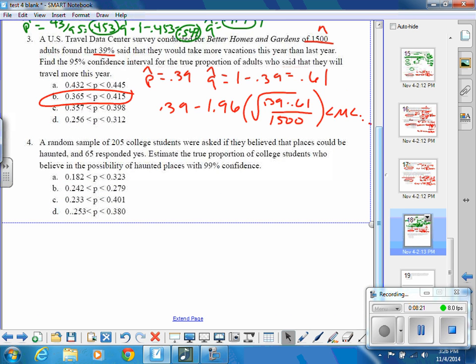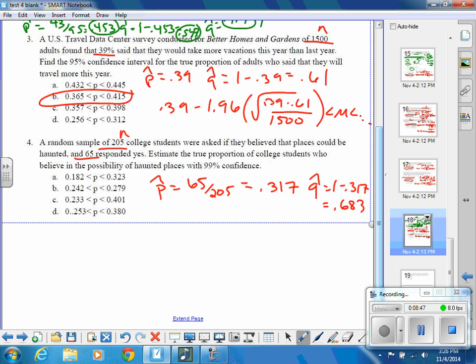Scroll down. Okay, here it says 205 and 65 responded yes. They don't give me a P hat, I need to find it. So P hat is going to be 65 out of 205, which as a decimal ends up being 0.317. Q hat is 1 minus that, which gives me 0.683. Okay.